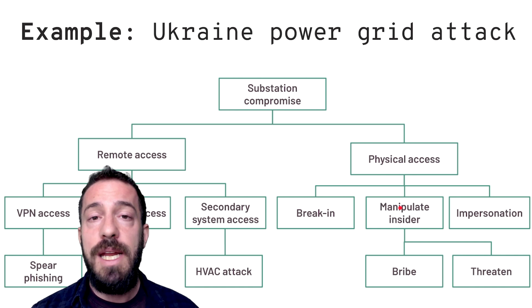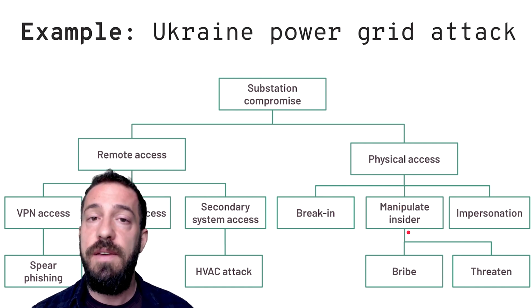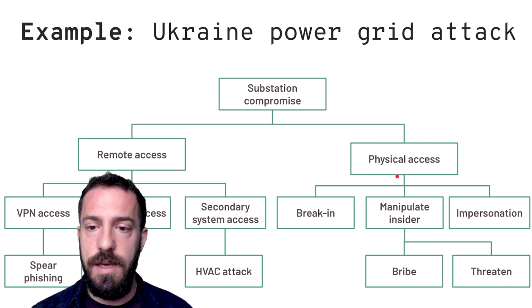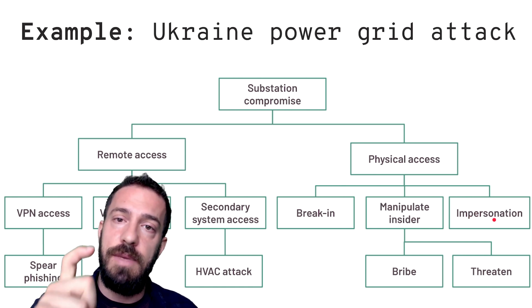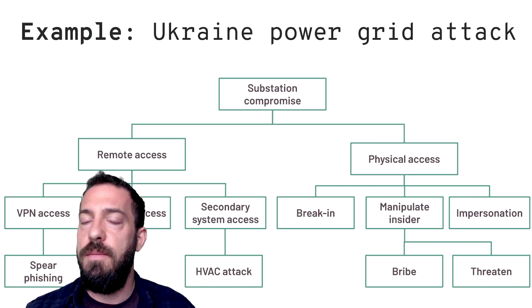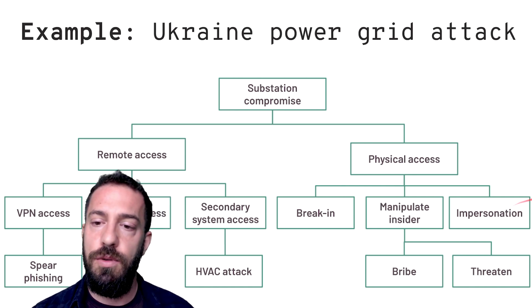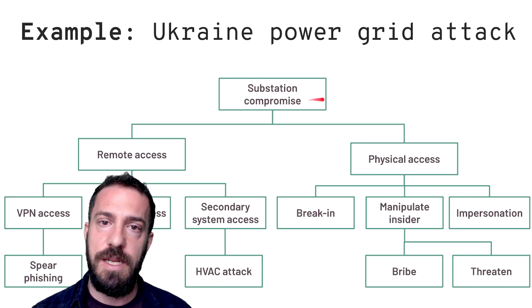Or you can manipulate an insider, again, so you can bribe or threaten them to give you physical access to enter the substation, or you may impersonate, you steal someone's ID card, like an access card, or you fake you're them, and then you enter the premises to do an attack physically to be able to compromise the substation.